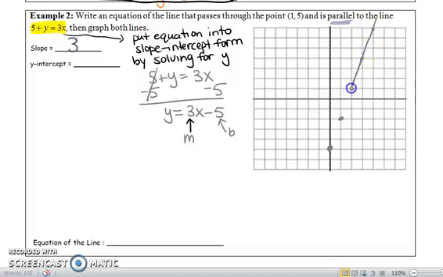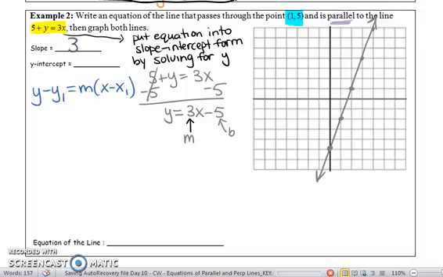Okay, so this is our given line, and we need to find the equation of the line that's parallel to this line, and it has to pass through the point (1, 5). So now we're going to turn to our point-slope equation, y minus y1 equals m times x minus x1, and we're going to plug in the stuff that we know. Well, we know the slope has to be 3 because it has to be the same as the slope of the given line.